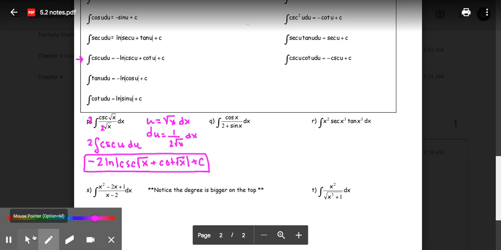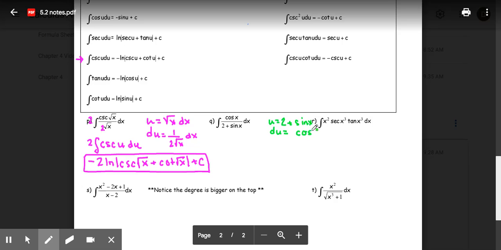All right, next one. What do you want to try u here as? Right, make it the whole denominator, so 2 plus sine x. The derivative, or du, is cosine x. We don't even need to put anything in. All right, look at that. It's already in there.